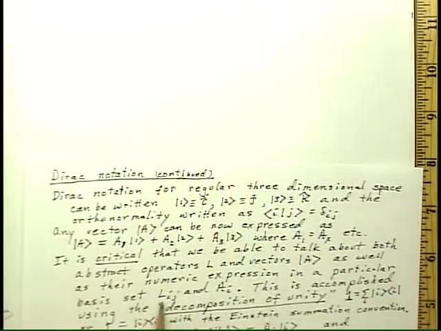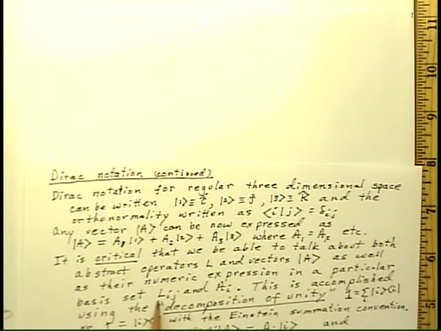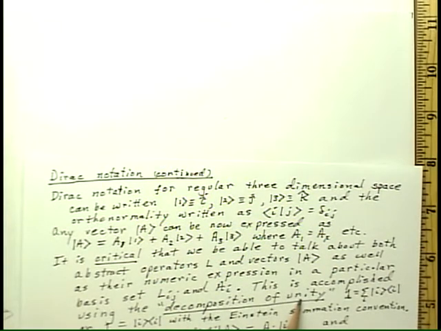For example, a particular indexing with respect to a basis might be the expression of L as Lij, which would be a matrix of numbers, and A as Ai, which is a set of real numbers or perhaps complex numbers. The change between the abstract L and A and the expression in terms of real or complex numbers is accomplished using something called the decomposition of unity.